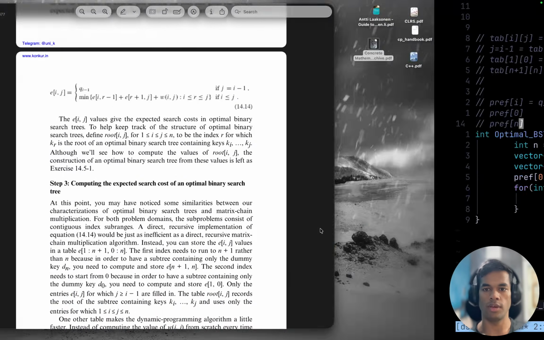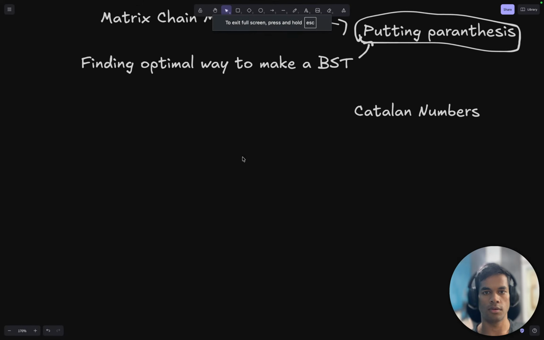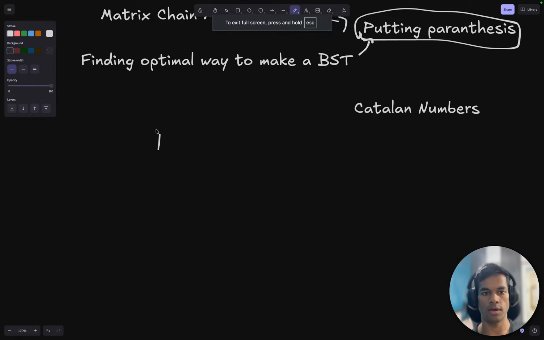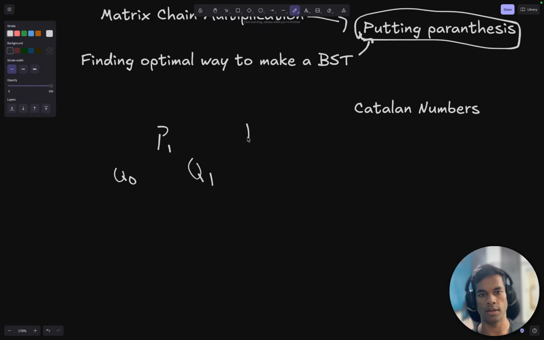And we can think of this in this way. We have P1 here and Q0 and Q1, and then P2, Q2, P3, and then Q3.